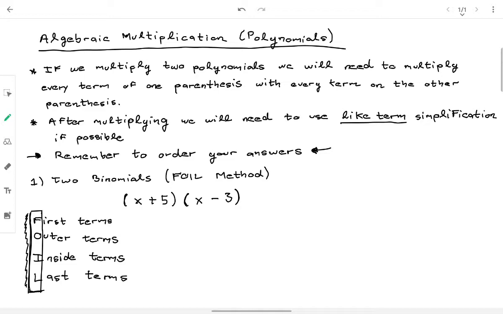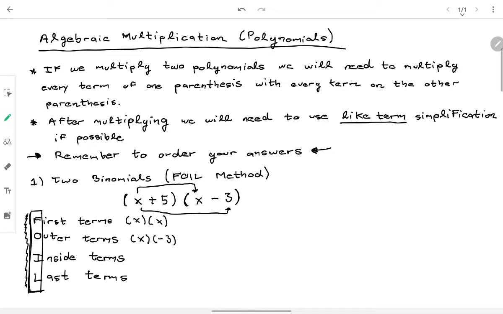So in this case, it says FOIL method, like to make a mnemonic word that will help us to remember how to multiply it. In this case, it is first terms, it will be x multiplied by x. It will be outer terms, x multiplied by minus 3.